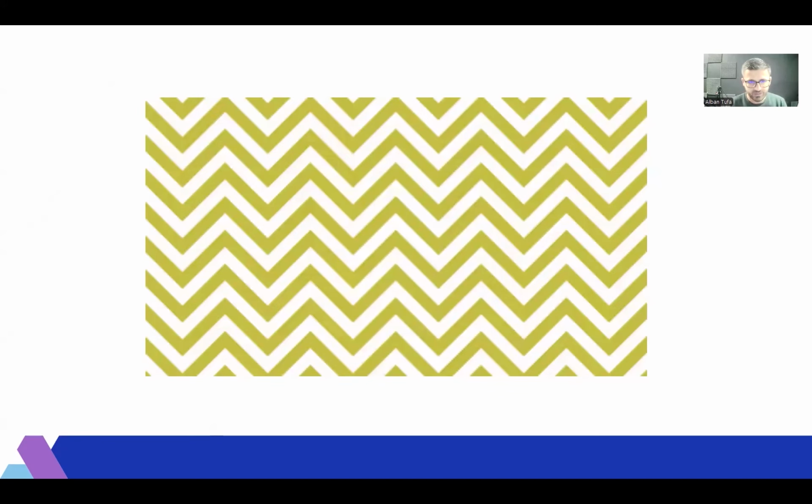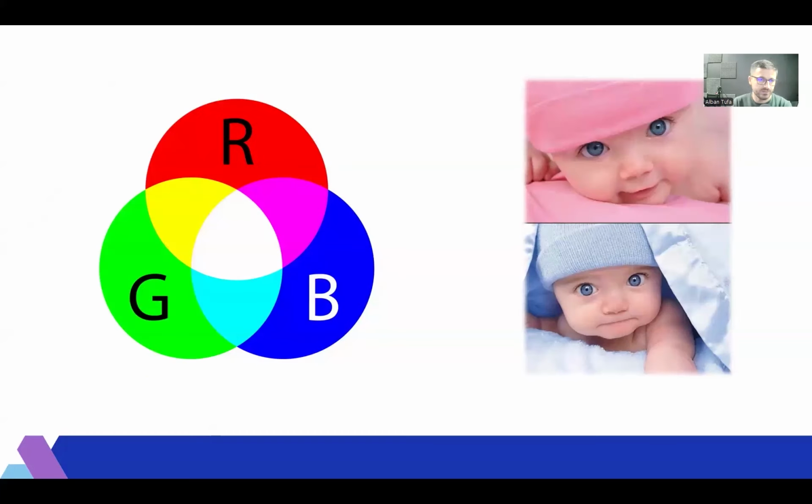And here we have patterns. By using patterns, we can repeat the same visual element in the space. So by using patterns, we can bring another atmosphere, or we can use them as a background in our presentation, etc. And maybe the last one is color.